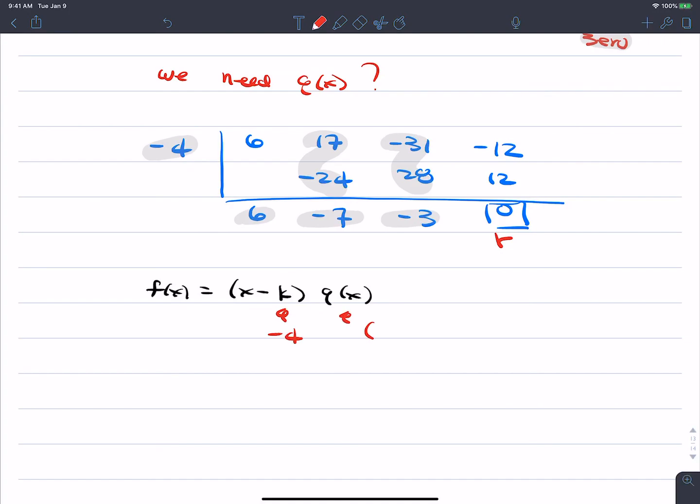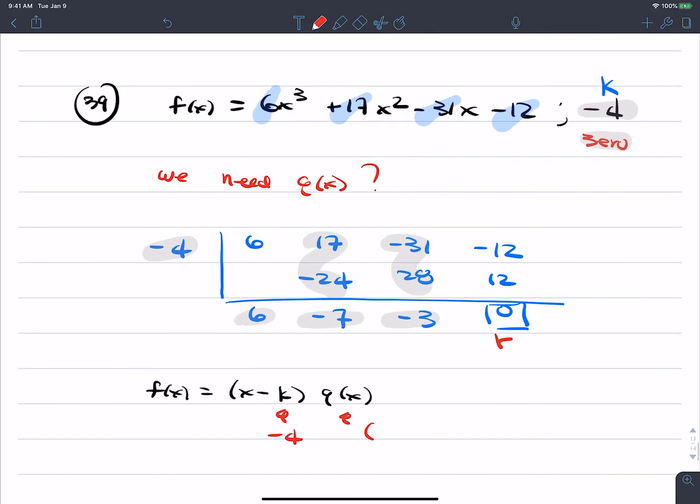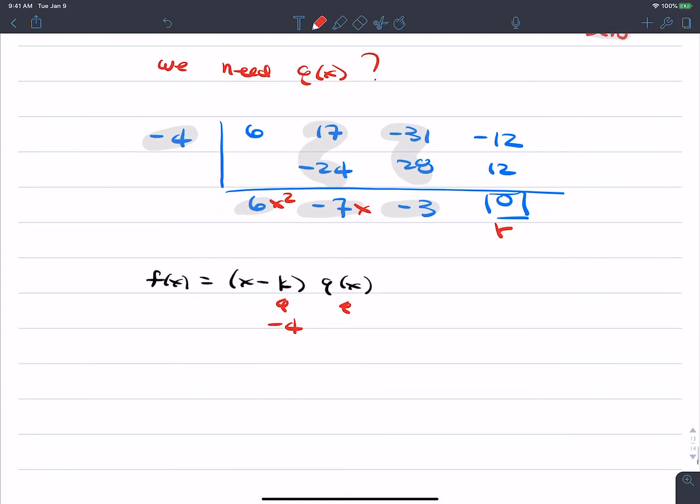And q of x will be, let's go back, 1 degree less, see that here, 1 degree less. Okay, let's try that again. 1 degree less than 3 makes that x squared and an x. So our quotient function is going to be 6x squared minus 7x minus 3.